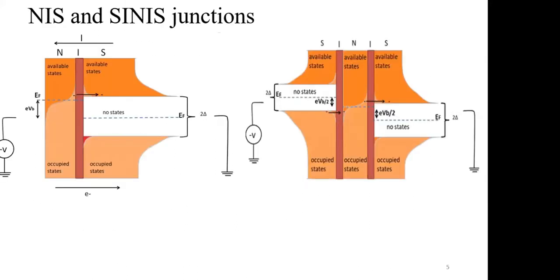So let's talk about the first slide. I'm talking about the NIS and SINIS junction. As all of us know, it's a junction of normal metal, insulator, and superconductor, which you can see on the left side, and it's a basic schematic I'm talking about.